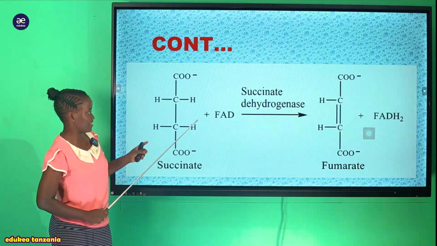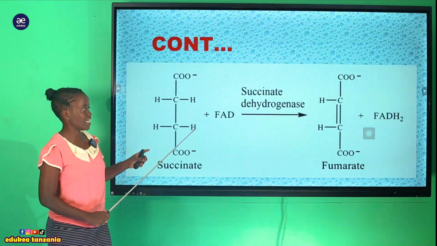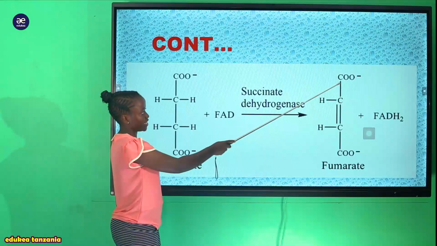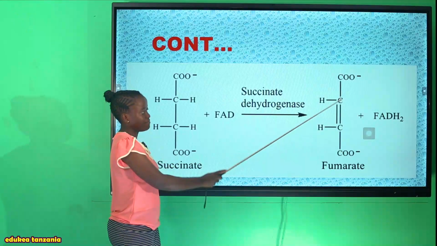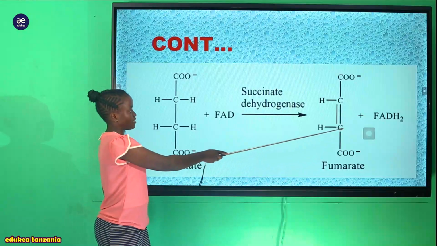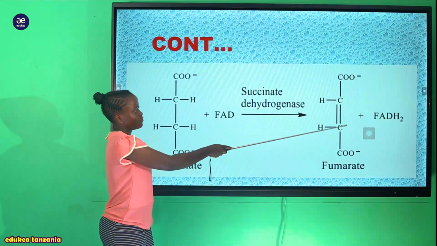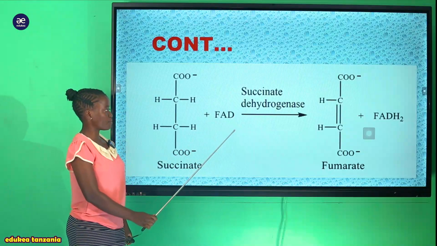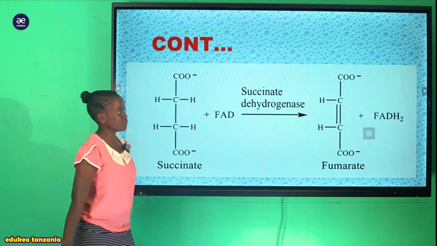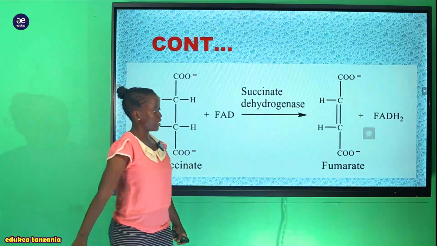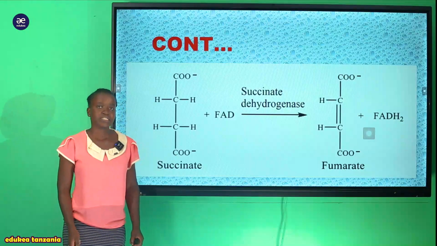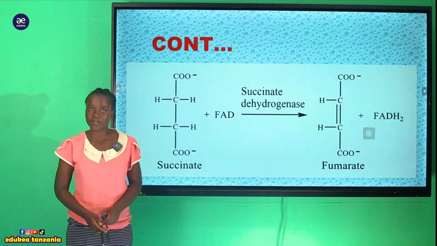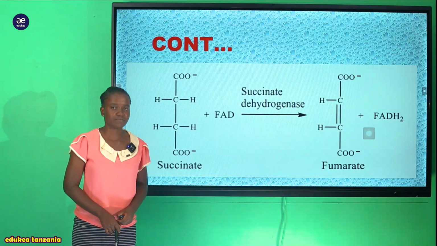And here you can see in carbon number 2 and carbon number 3, the hydrogen atoms are removed. So those hydrogen atoms will combine with this FAD to form FADH2, and that FADH2 is just a product of the Krebs cycle.